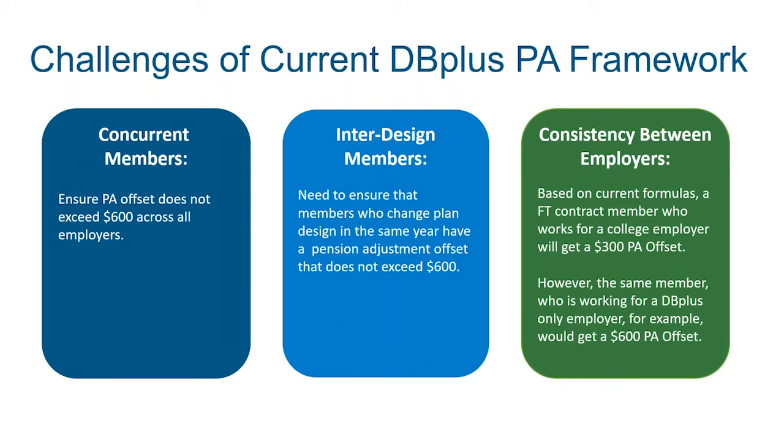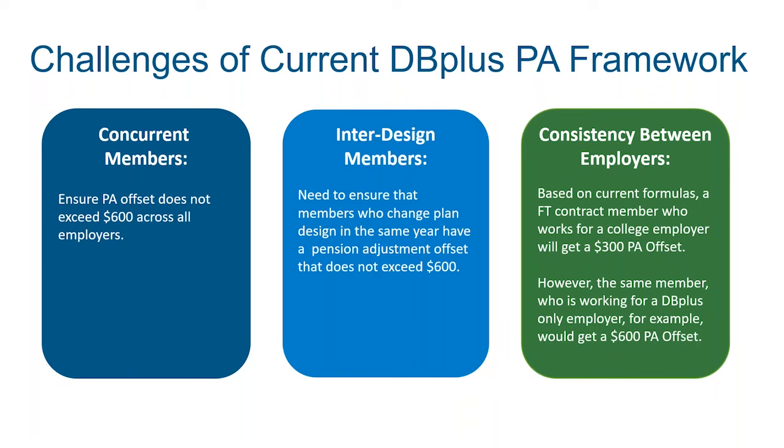The simplicity of this framework meant some challenges for different aspects of plan administration. One challenge that was encountered had to do with the application of the PA framework to concurrent members, for purposes of the PA offset calculation, that is members who participate in more than one CAT employer over a single year.